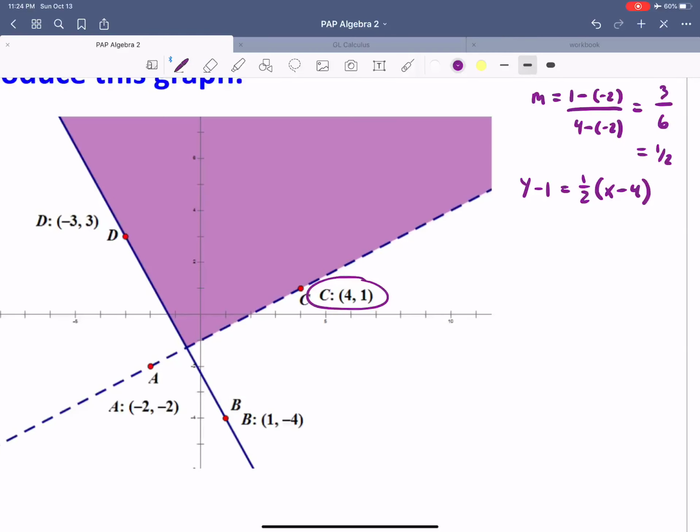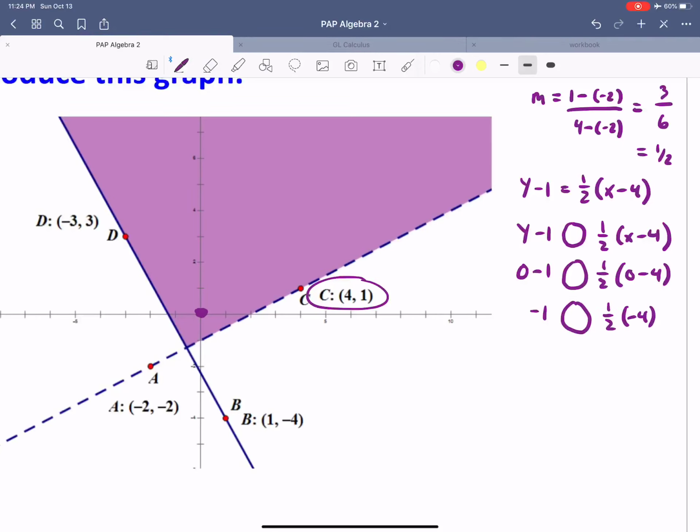Now I'm going to figure out which direction the inequality sign goes. I'm going to leave a big circle there because I'm going to fill that in. If you notice, the origin is a solution to this inequality. So when I plug 0 in for y and 0 in for x, I should get a true statement. I get negative 1 on one side, and 1/2 times negative 4.